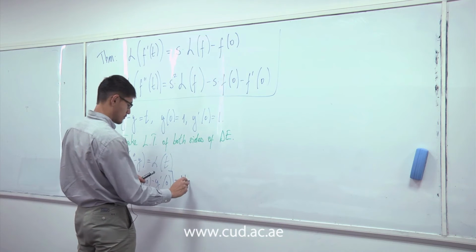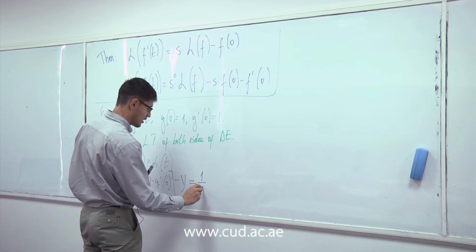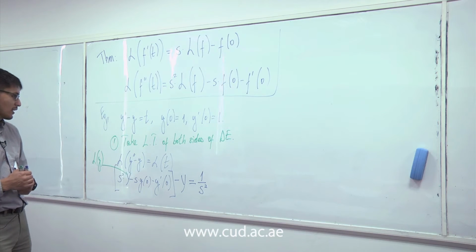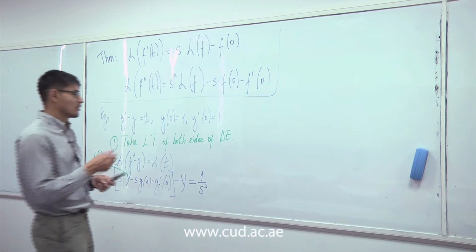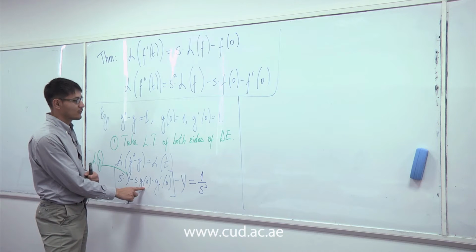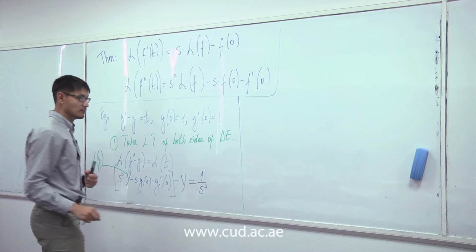Equals transform of t. So recall the transform of t is 1 over s squared. Okay, and let us replace y of 0 with 1 and y prime of 0 also with 1.